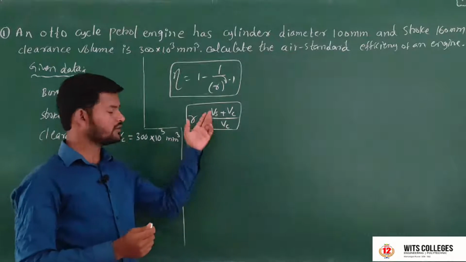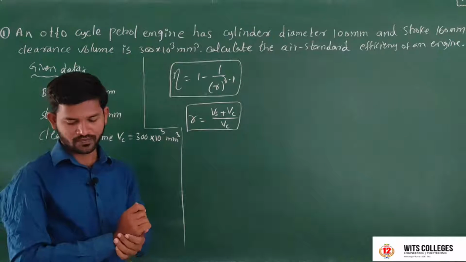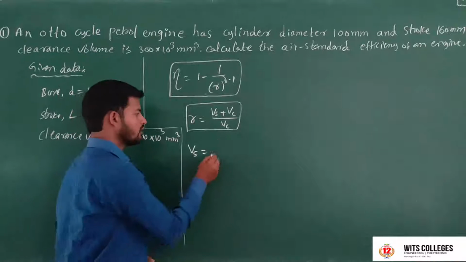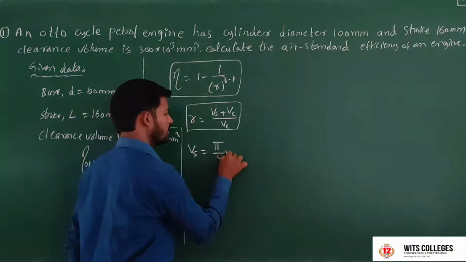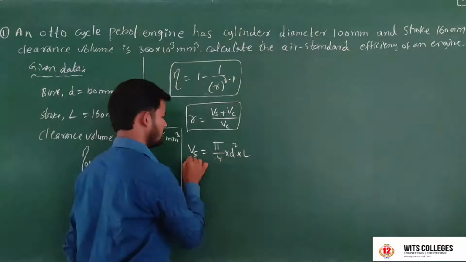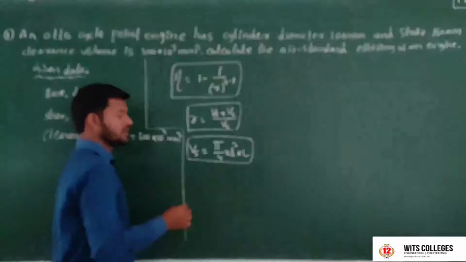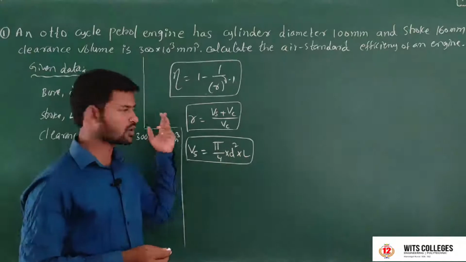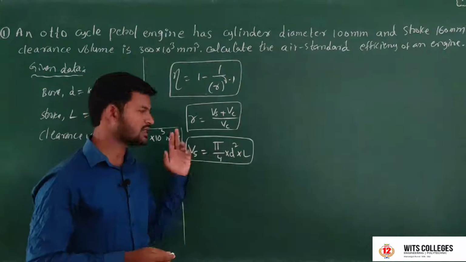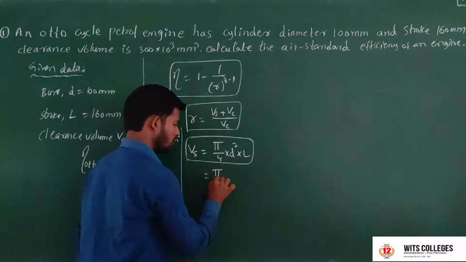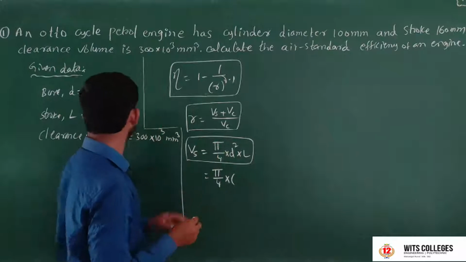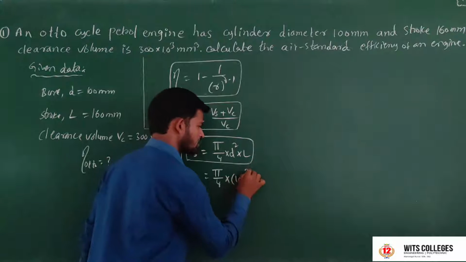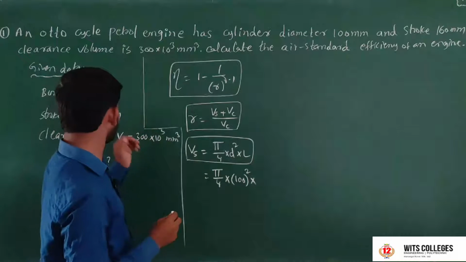So first we find the stroke volume Vs. We know the formula Vs equals pi by 4 into d squared into L. The bore diameter d and the stroke length L are given, so we substitute these values: pi by 4 into 100 squared into 160 mm.